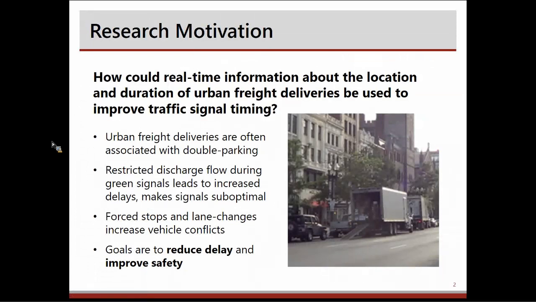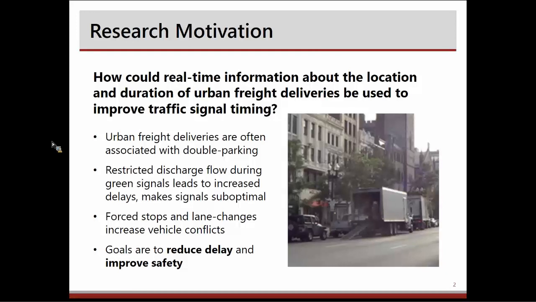So, the main motivation of this is to understand what we can do with information about where freight deliveries are happening. This is a problem in a lot of urban networks: not only are streets and cities moving people, but this is also how all the goods that we buy at stores or consume at restaurants get to where they are.